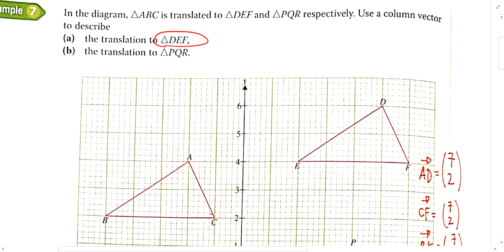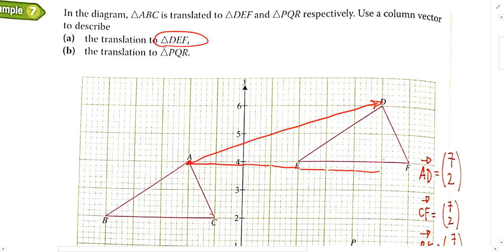Where did point A go to? D. Okay. So it went this way. How many units to the right did it go? 1, 2, 3, 4, 5, 6, 7. Am I right? 7 units to the right.